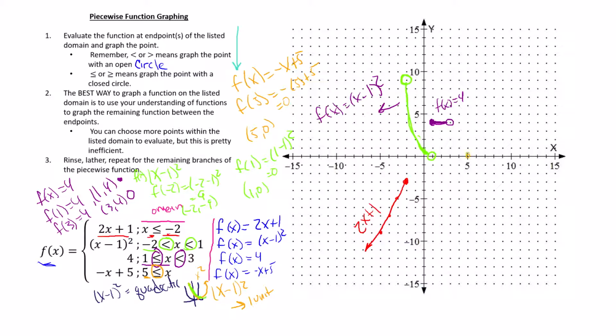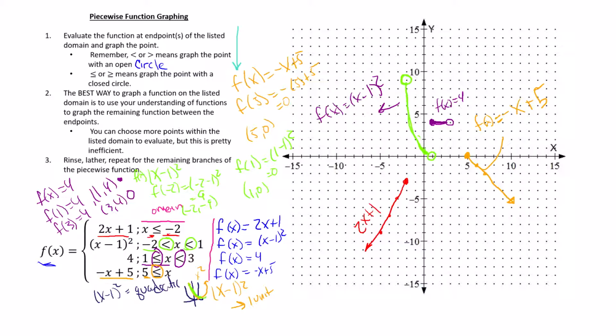So you have a closed circle at 5. We know it's a linear function. The slope of it is negative 1, so it's going to go down 1, right 1, down 1, right 1, from there to infinity. So this is what the piecewise function looks like.